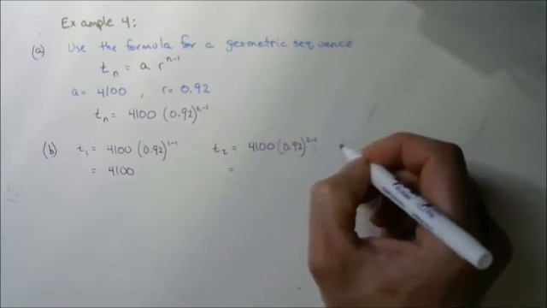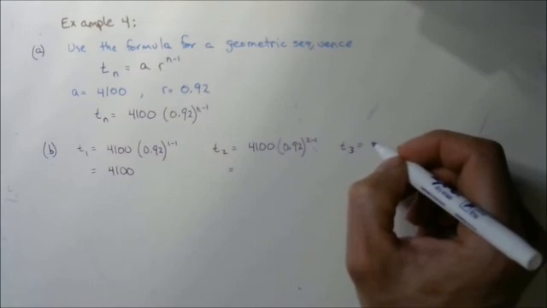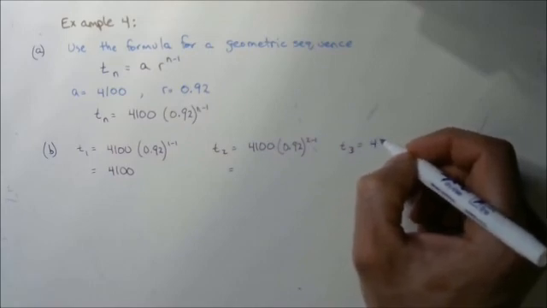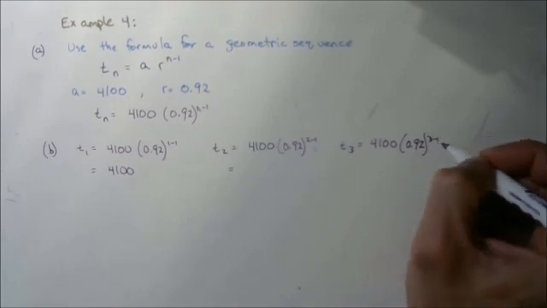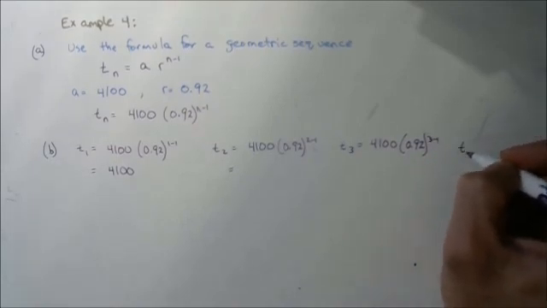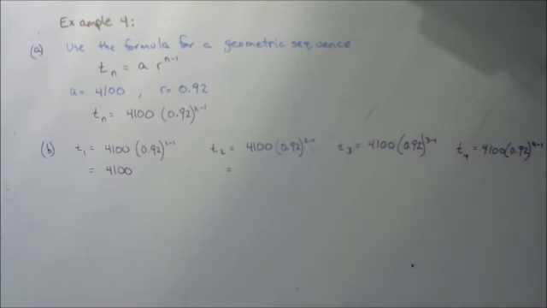I'm just going to write down my next ones, and we'll do the calculations in a second. T sub 3, 4,100 times 0.92 to the power of 3 minus 1. T sub 4 equals 4,100 times 0.92 to the power of 4 minus 1. And we're supposed to do the first 5 terms, but I'm going to stop here.